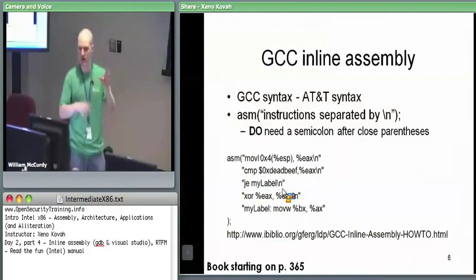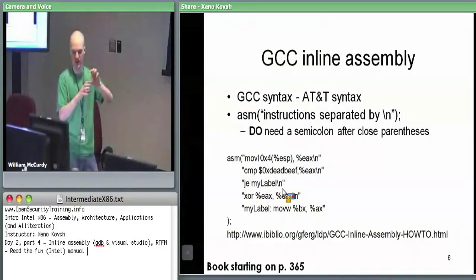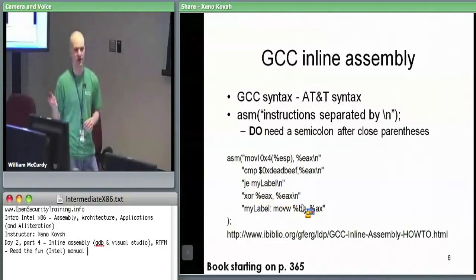And other times, the compiler will treat that as contiguous within some other stream of assembly, and it'll compensate for variables and things like that. So anyways, this is just the syntax: ASM, parentheses, quotes, and a \n if you want to have multiple assembly instructions in the same ASM chunk.